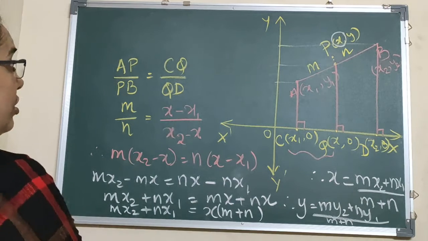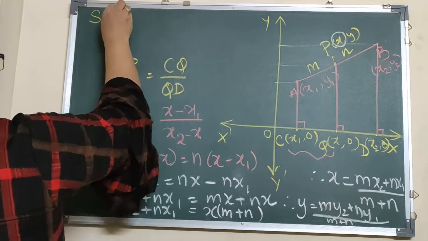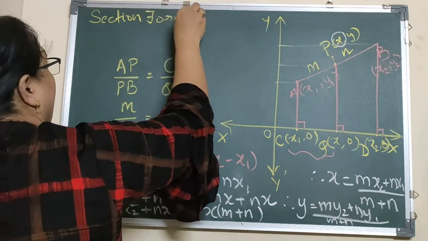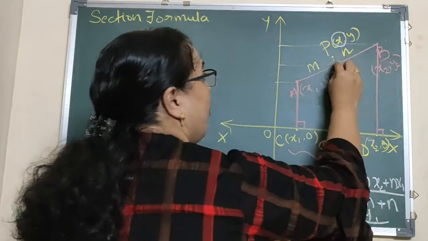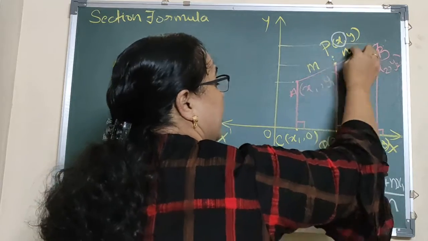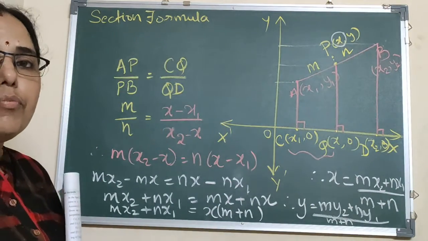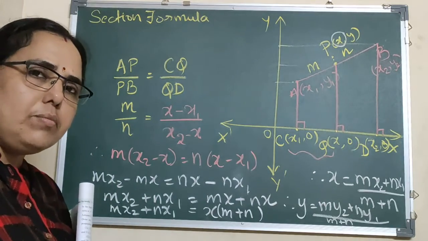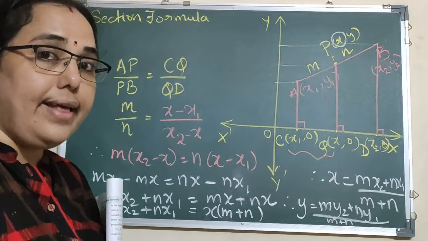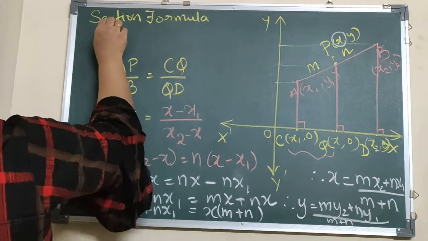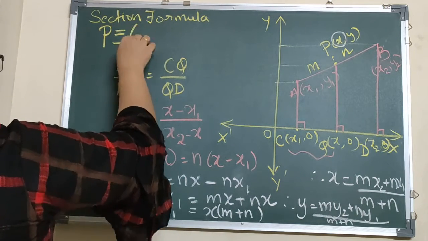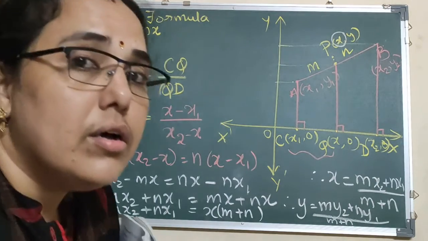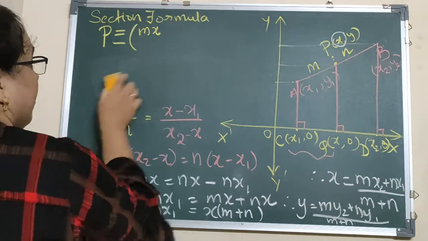So what is the section formula? Section formula says that when a point divides a segment in the given ratio, here I have taken point P, which divides segment AB in the ratio m:n, then what will be the coordinate of point P? It can be written according to the x and y coordinates.